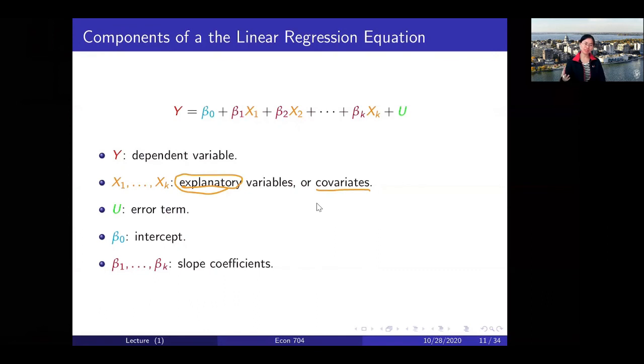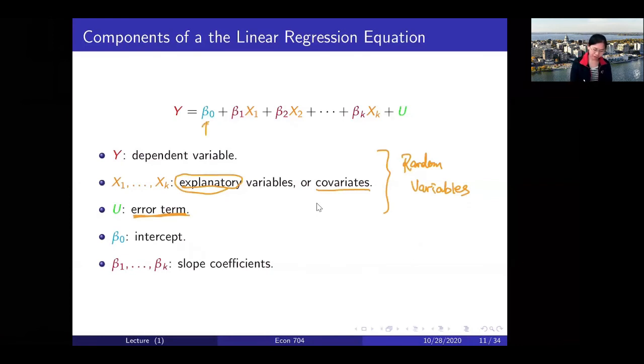We use these different terms for the same things. And the u is called the error term. Now, all of these are random variables. And this linear equation relates these random variables, puts these random variables together.